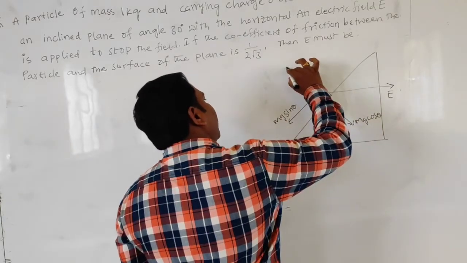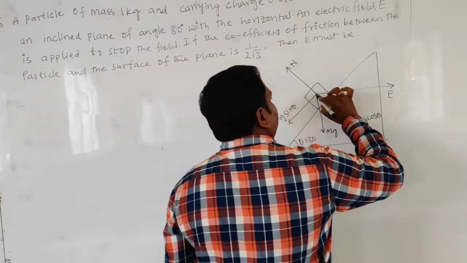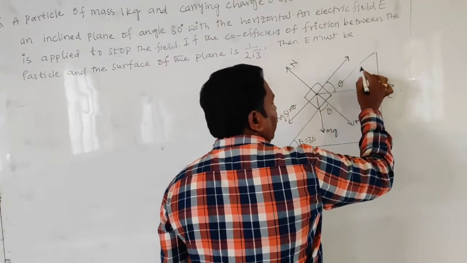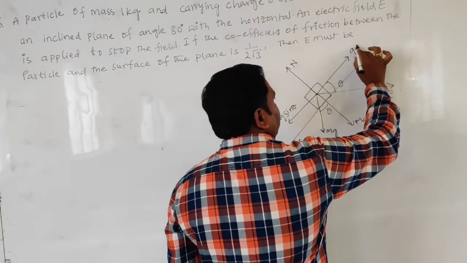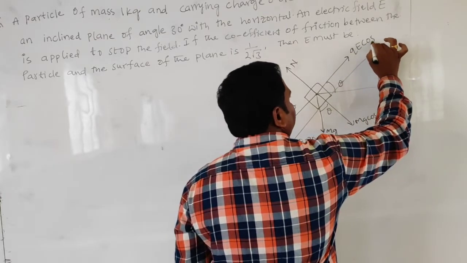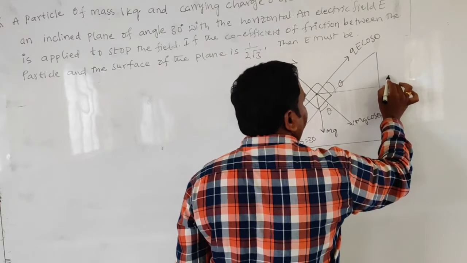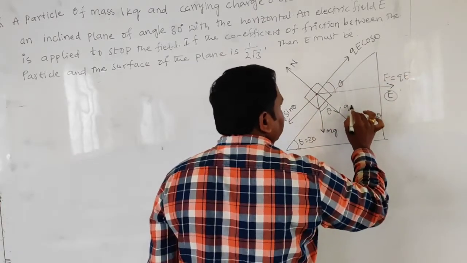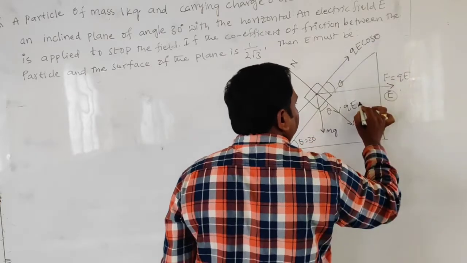This is the normal reaction. In this direction, here it's theta, it's QE cos theta. E means force F equals QE. So in this direction, QE sin theta.